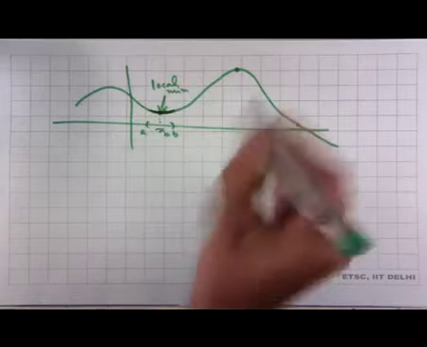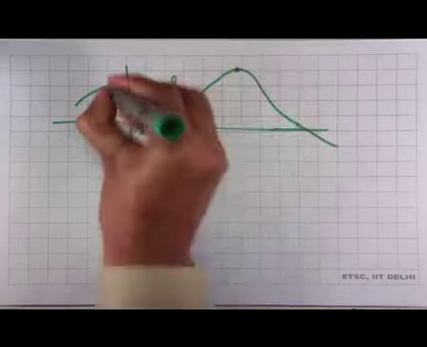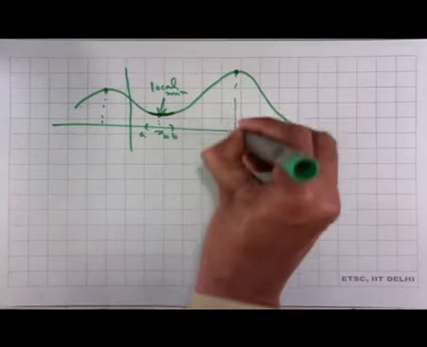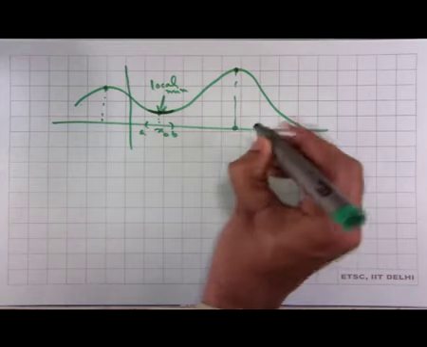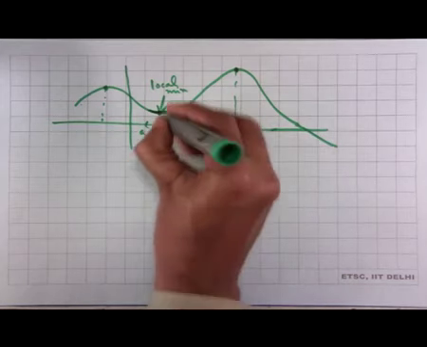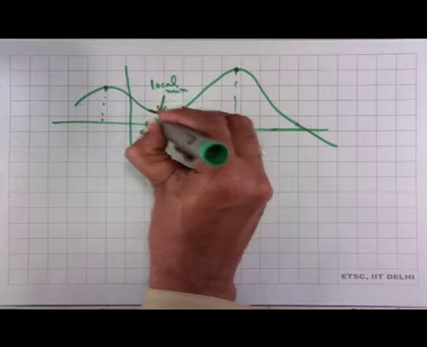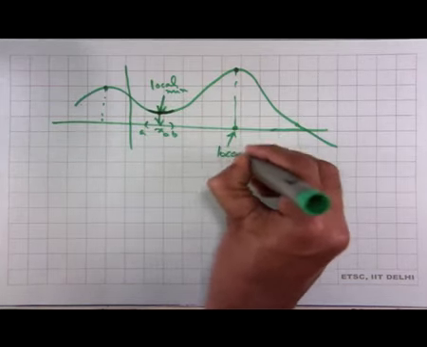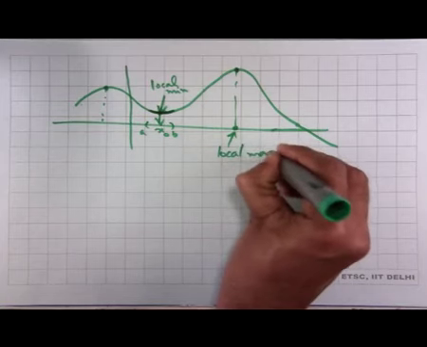But if I look at this one, this is a local min, but this point and this point, corresponding to this we have these points, this is a local max.